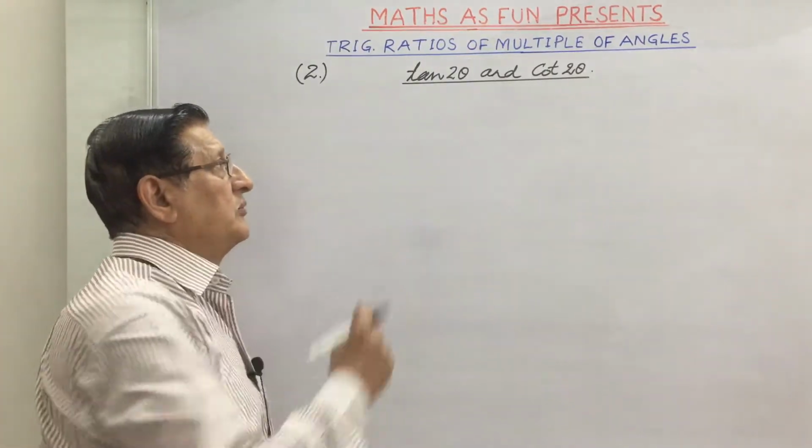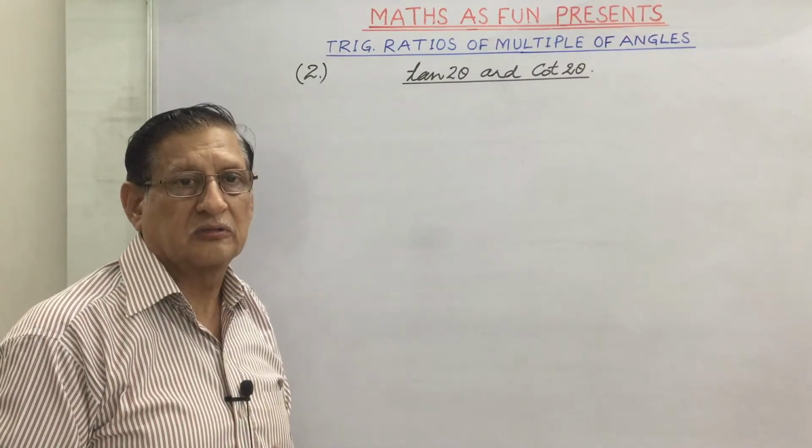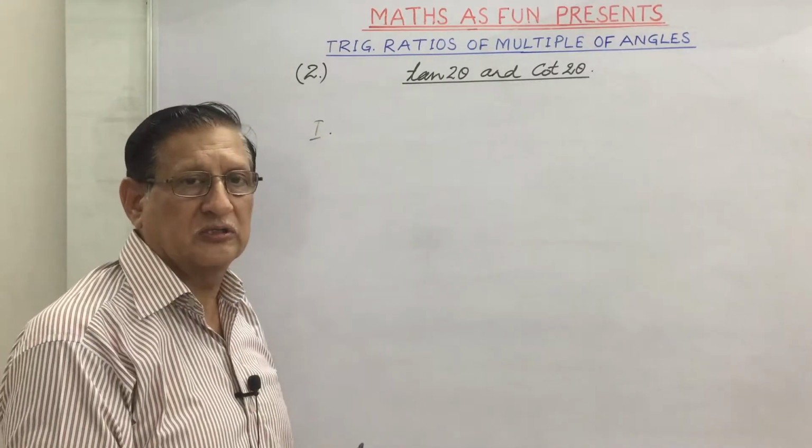To find the formula of cot 2 theta, we can have 3 different methods. The first one of them is the same as we have used for tan 2 theta.